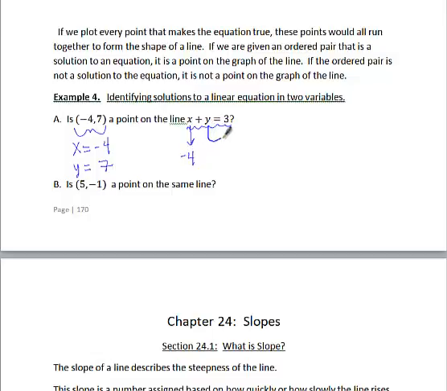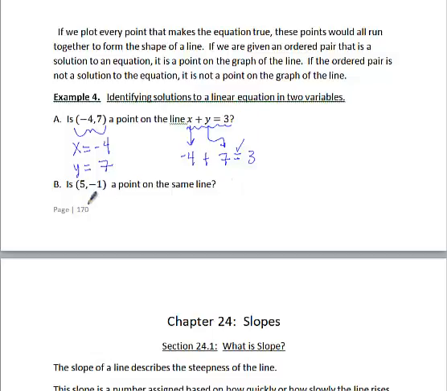I take y and I replace it with a 7. I add the two numbers together and it checks out. 7 minus 4 is 3, and that matches the right hand side of the equation. So yes, negative 4, comma 7 is a point on the line because it's a solution to the equation.